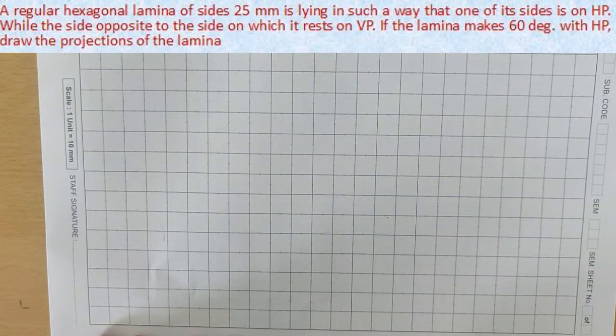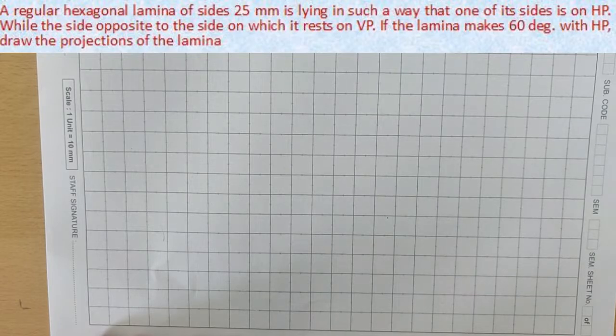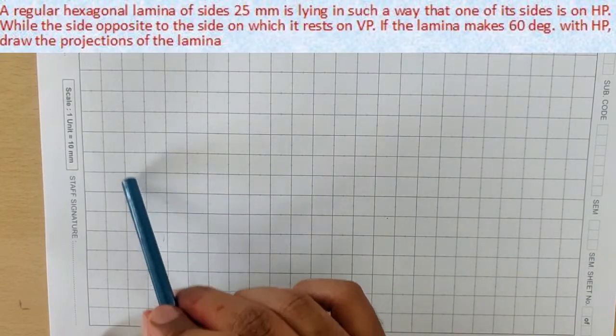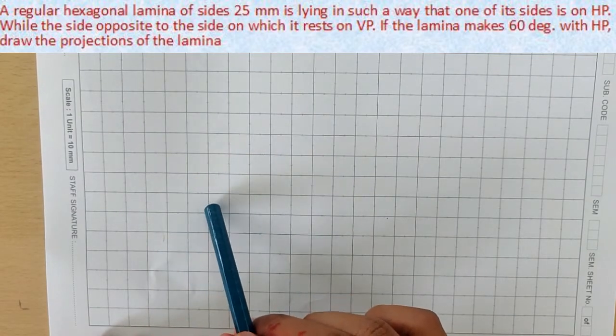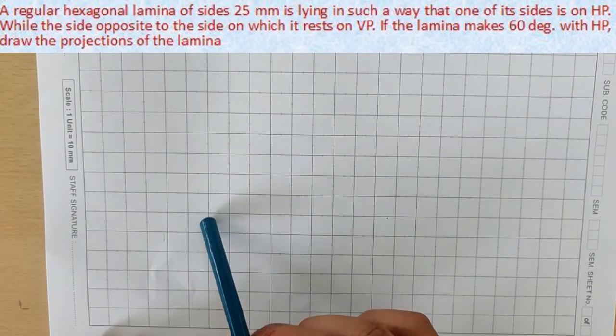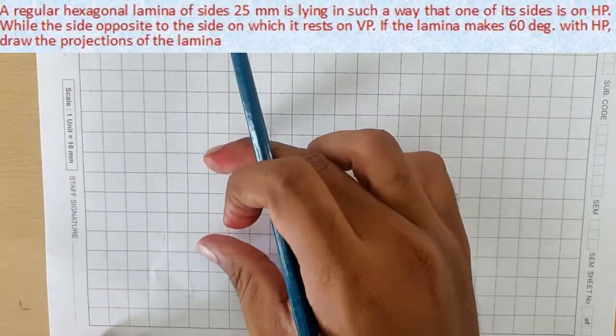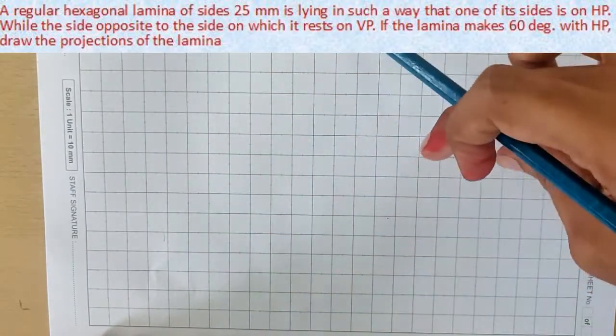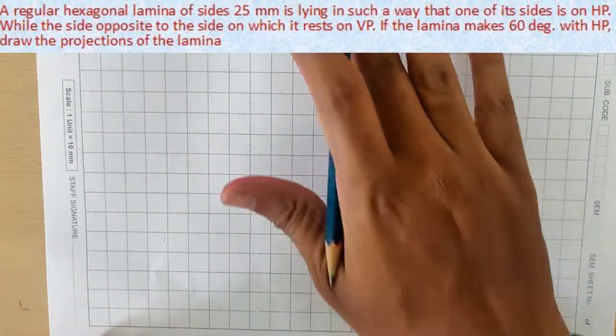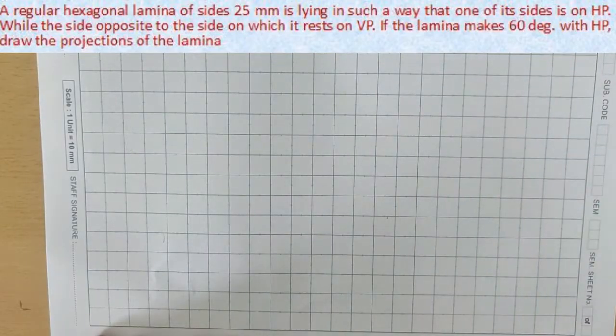If I read the statement, the second segment states that the side opposite to this side rests on VP. So I have to take the opposite side and place it on the XY line. We will see the third condition later in the later part. So let us start with the problem.